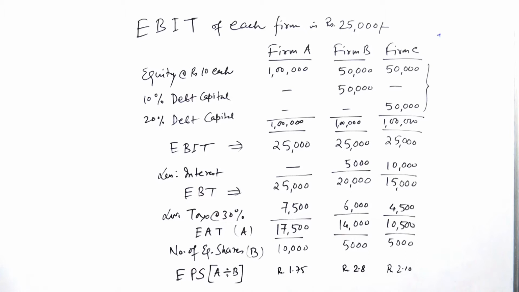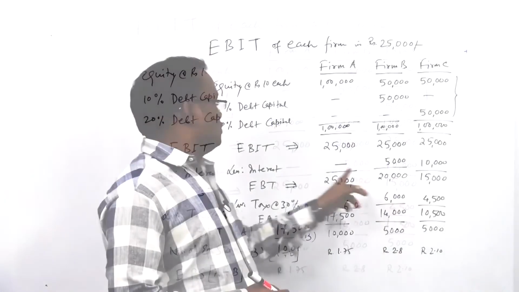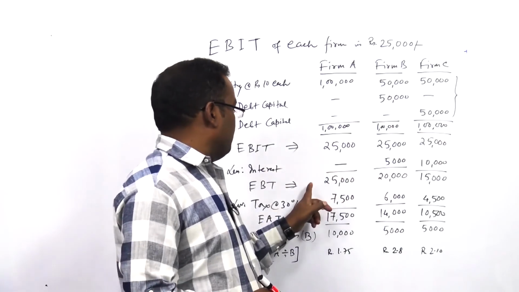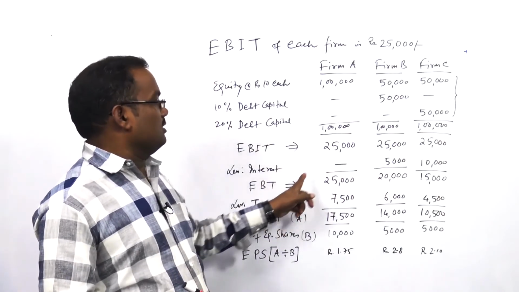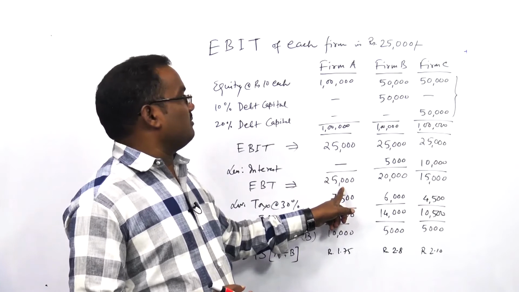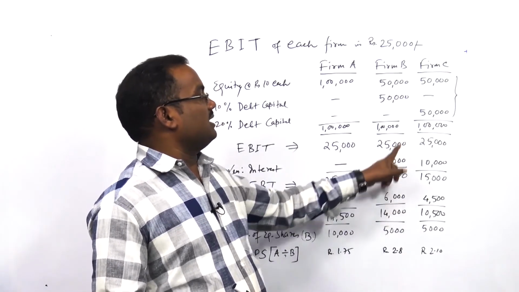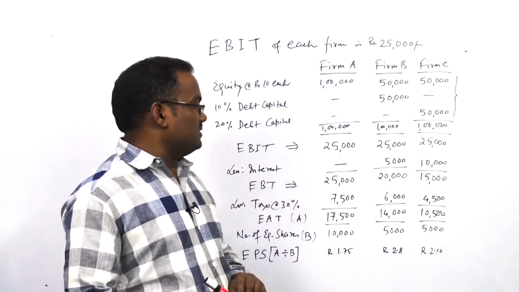And Form C acquired the remaining 50,000 from 20% debt capital, so they have to pay rupees 10,000 as interest on this rupees 50,000. So after deduction of the interest, the remaining amount, that means the earning before tax, is 25,000 in case of Form A, 20,000 in case of Form B, and 15,000 in case of Form C.